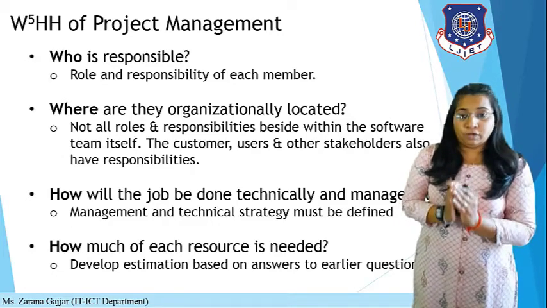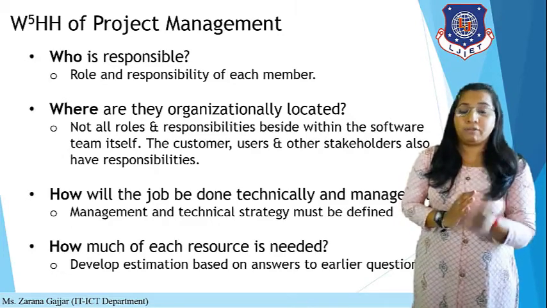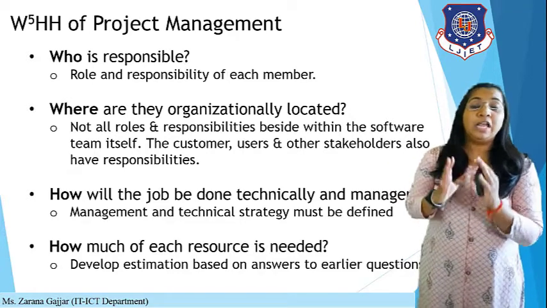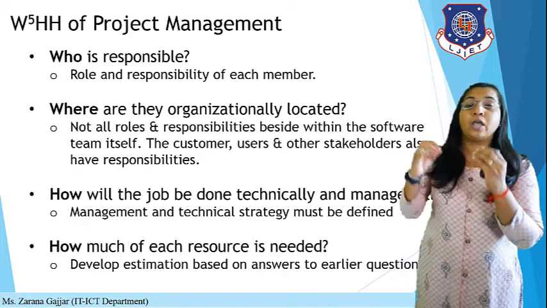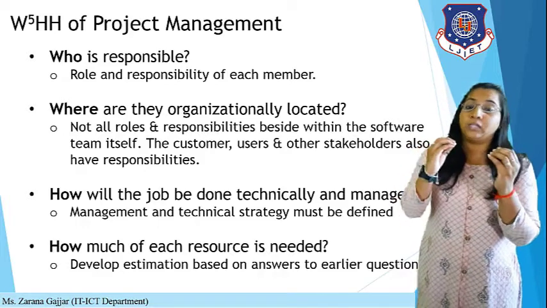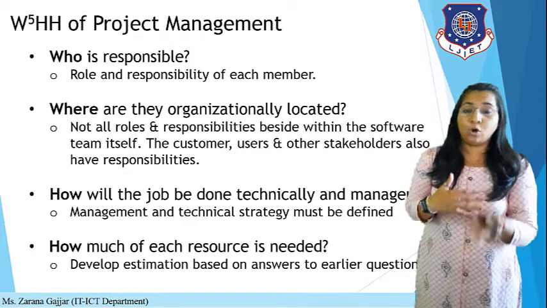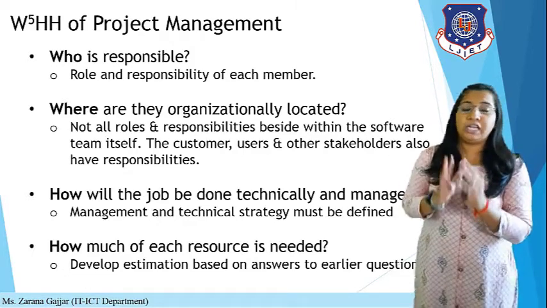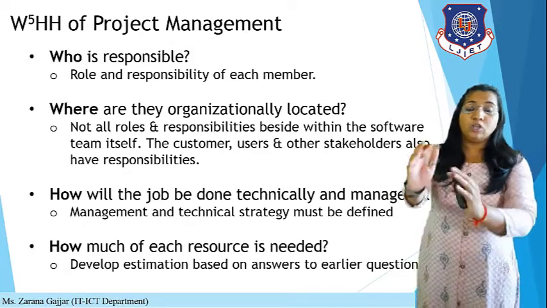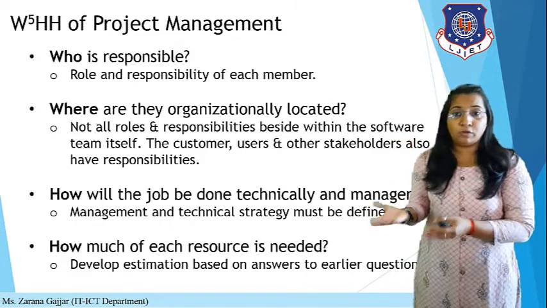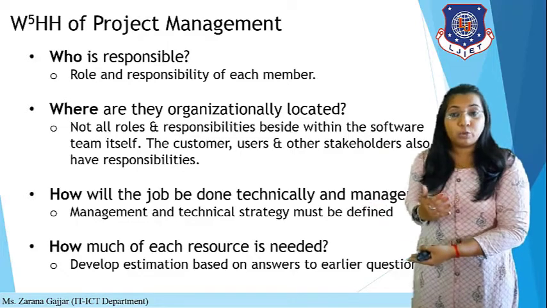So if during your project development you go through this W5HH principle, then you can easily recognize what is going to happen, who your team members are, and when it can be accomplished. You can easily answer these kinds of questions. So who is responsible means who is going to develop the software, who is going to design the GUI part.